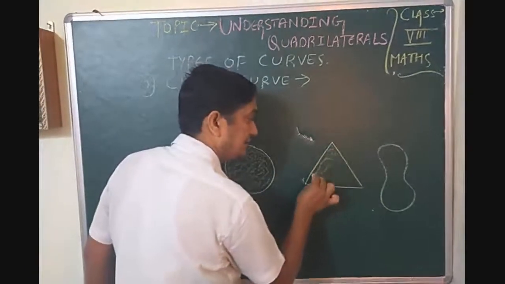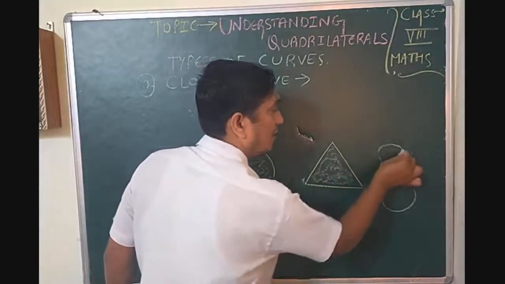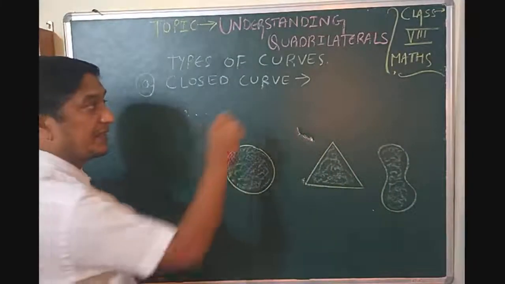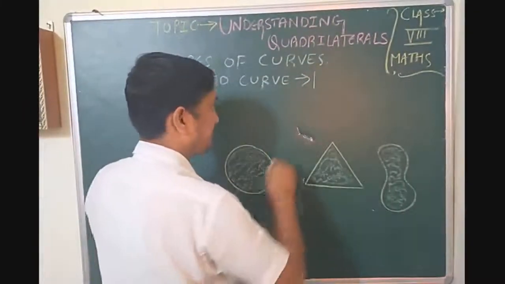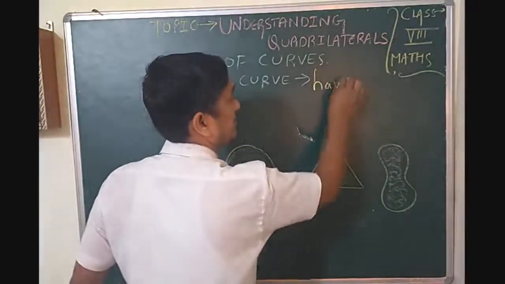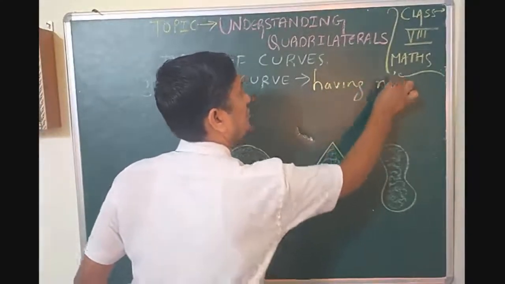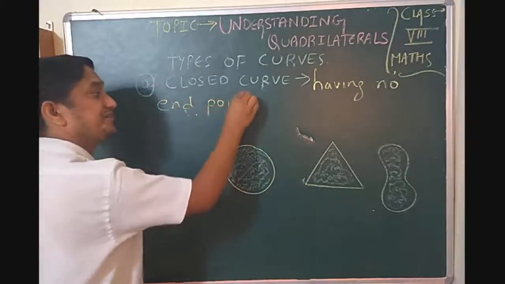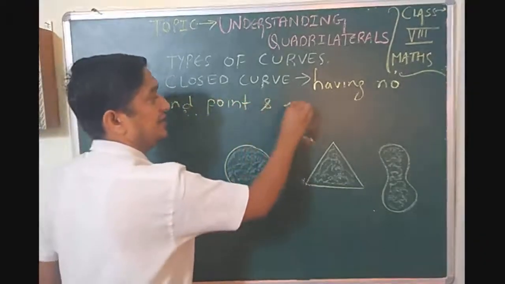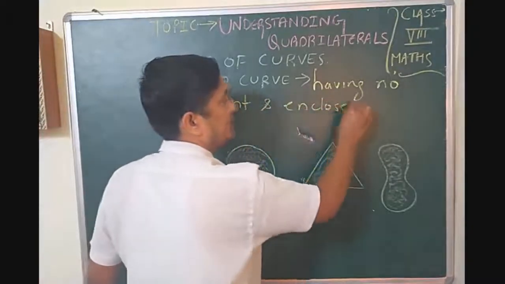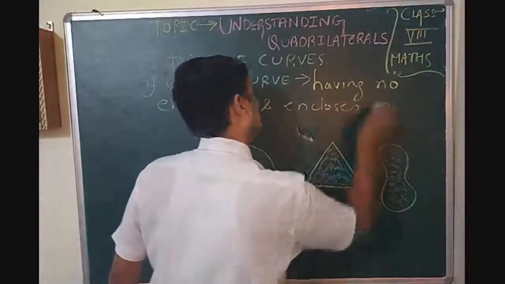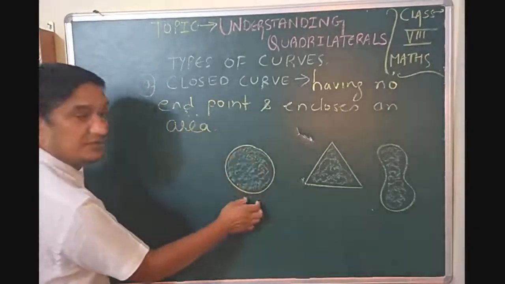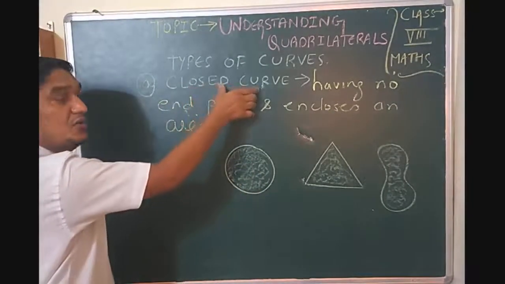That is why such types of figures are called closed curves, having no endpoint and enclosing an area. Such type of curve is called a closed curve.